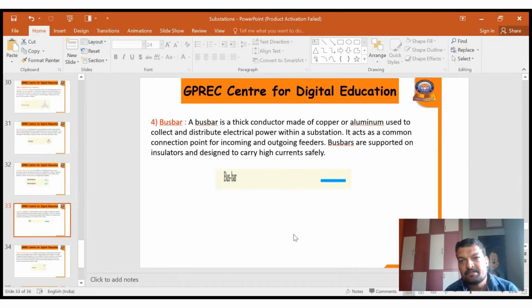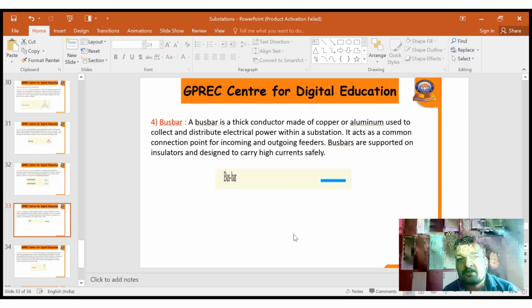The fourth one is the bus bar. We already discussed the bus bar. A bus bar is a thick conductor made of copper or aluminum, which is used to collect and distribute electric power within a substation. It acts as a common connection point for incoming and outgoing feeders.